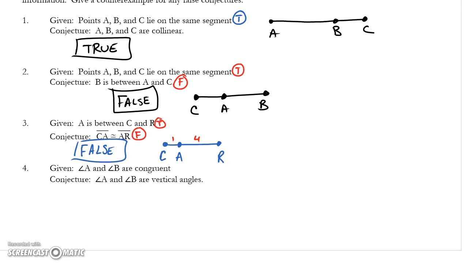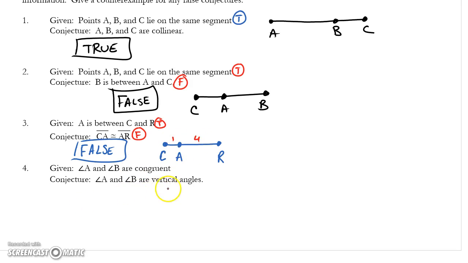So for number 3, it is a false conjecture. I have a counterexample here that does show A is between C and R, but segment CA is not congruent to segment AR because segment CA is only 1, segment AR is 4. They're not equal.